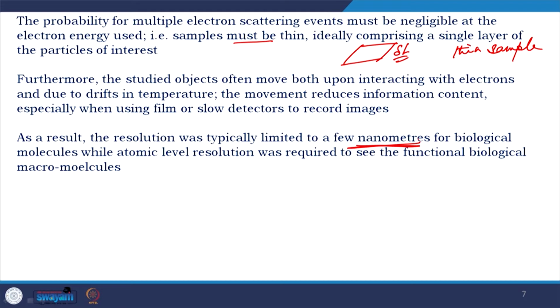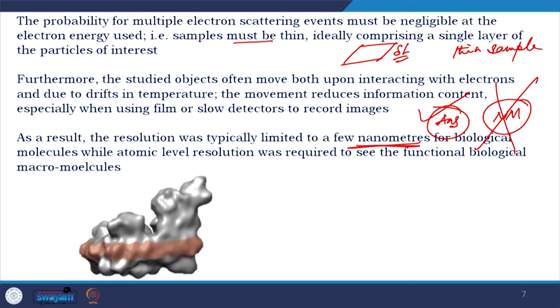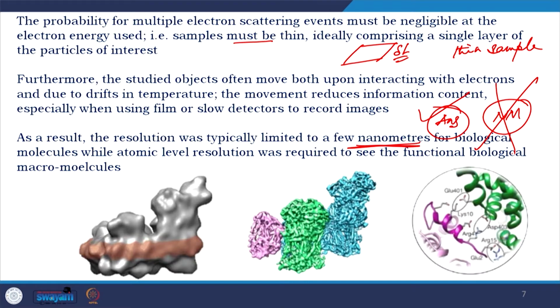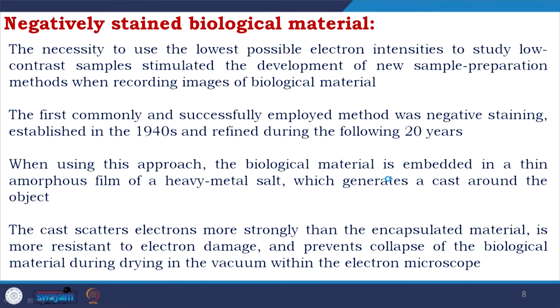So, we need it in angstroms, and what we get is in nanometers, which is not correct. You see the earlier ones, but then it started improving, and we are going literally to higher resolution, as you see here, the atomic details. That is the journey of cryo-electron microscopy.